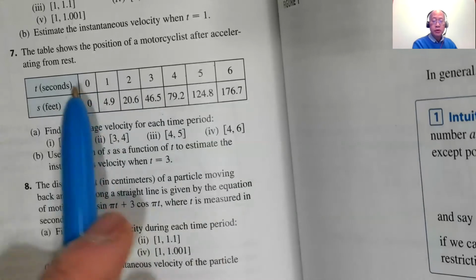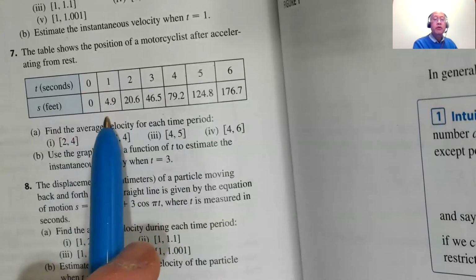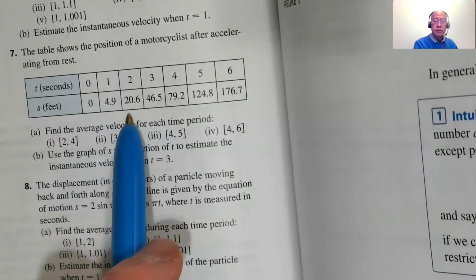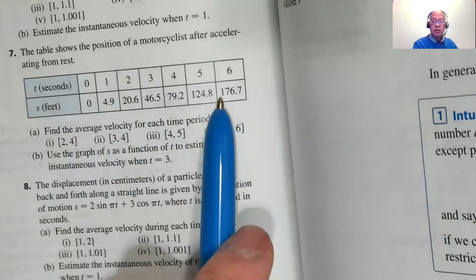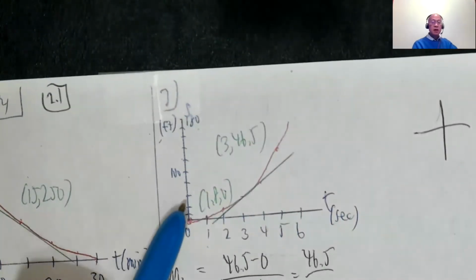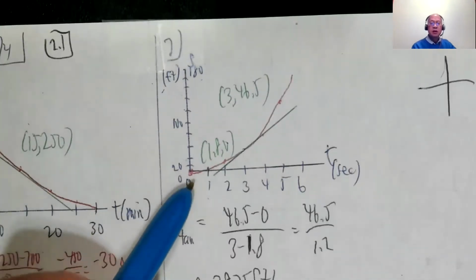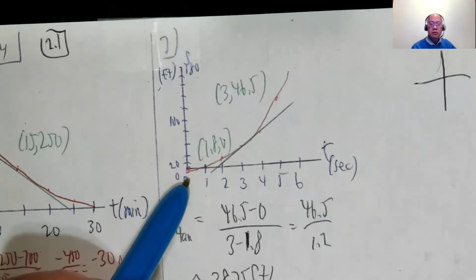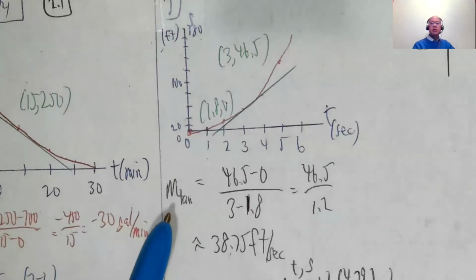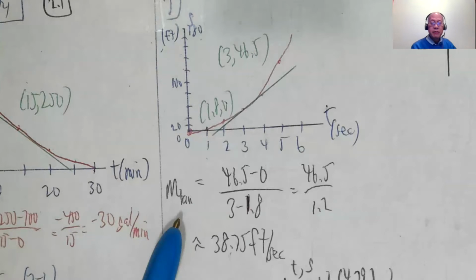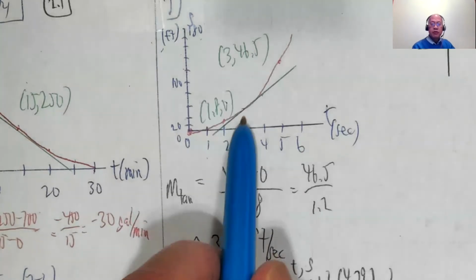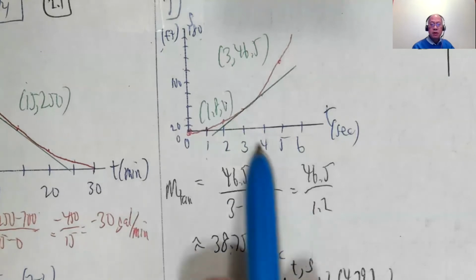So I take all these points, (0, 0), (1, 4.9), (2, 20.6), all the way to (6, 176.7), and I drew this. They asked for an estimate of the slope of the tangent line at (3, 46.5).